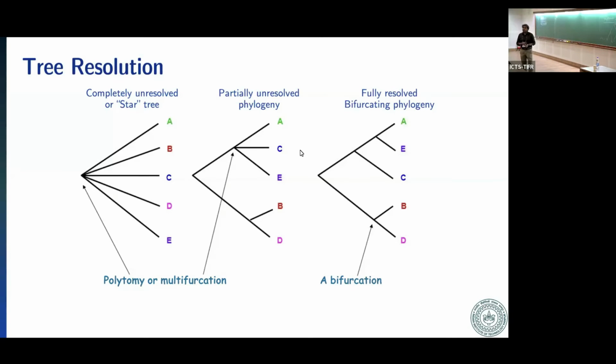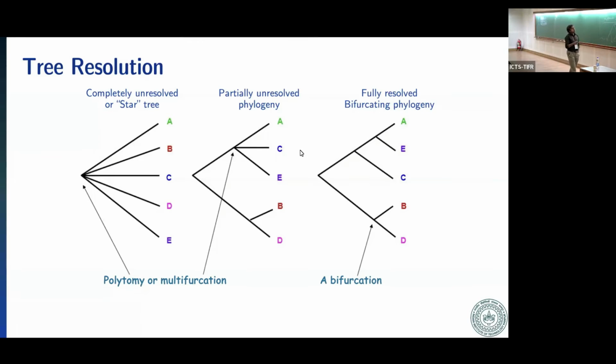That is why it is called a completely unresolved tree. The presence of such a node is also known as polytomy or multifurcation. Essentially, if you have any internal node which is connected to more than two nodes, then it is a polytomy, an example of a multifurcation.